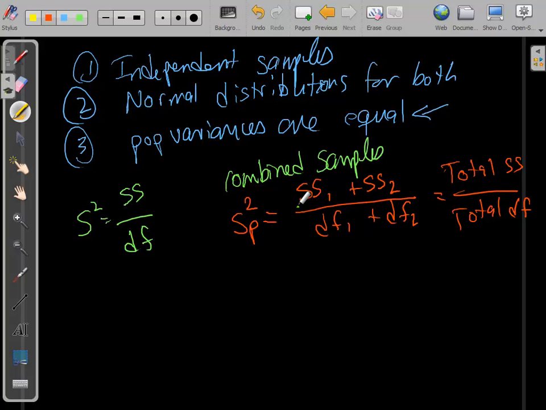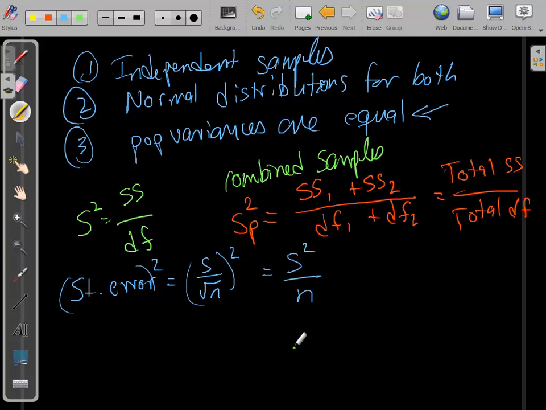When you think about the estimated standard error, we have that standard error is the square root of the variance over the square root of the sample size. Okay, so it's the standard deviation divided by the square root of the sample size. If you back this up a little bit and look at standard error squared, this is really the square of this, which should look like s squared divided by n.